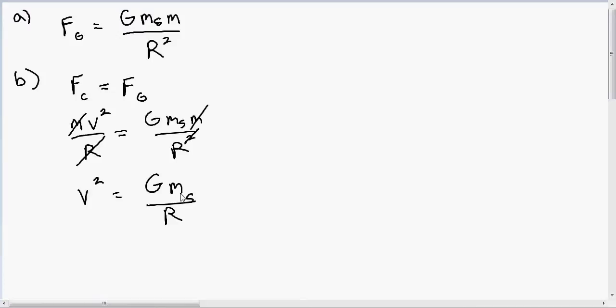And we don't know what the velocity is, so we can use what we are given, the orbital period and the orbital radius, to find the velocity. So velocity equals distance over time, and the distance that the moon must travel in one orbit is the circumference of that orbit. So using the radius, that is 2 pi r, in a time of one period, which is T. And that's velocity.